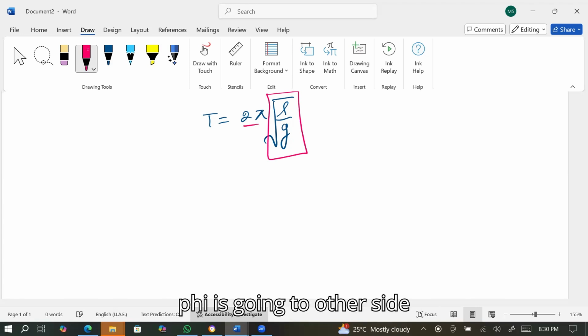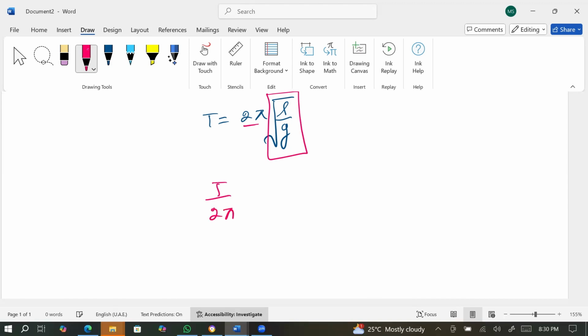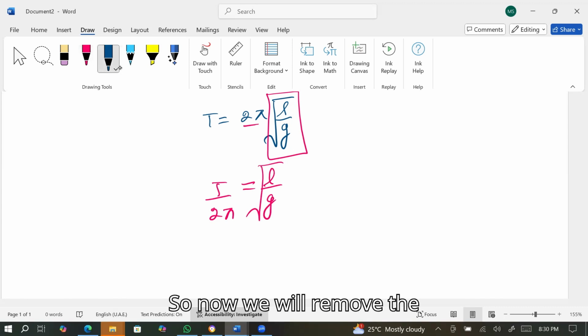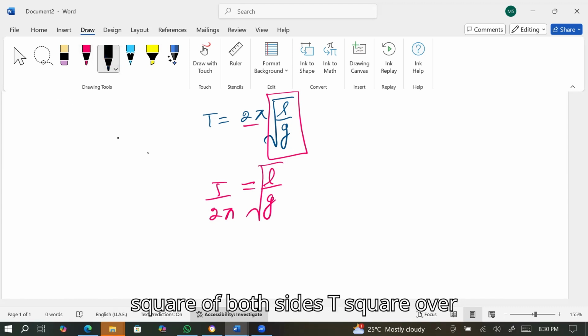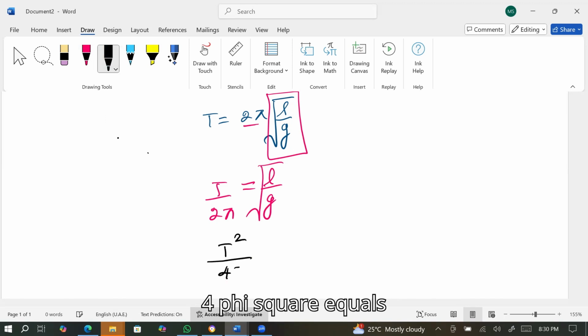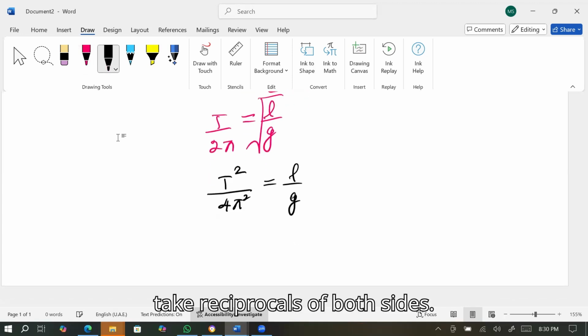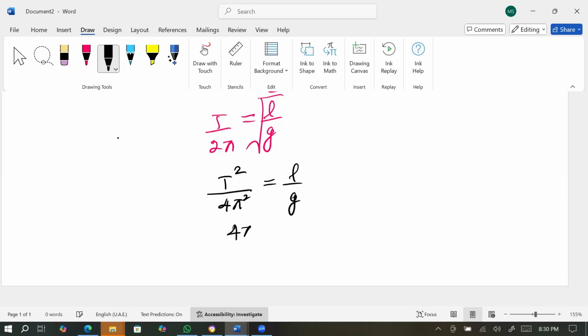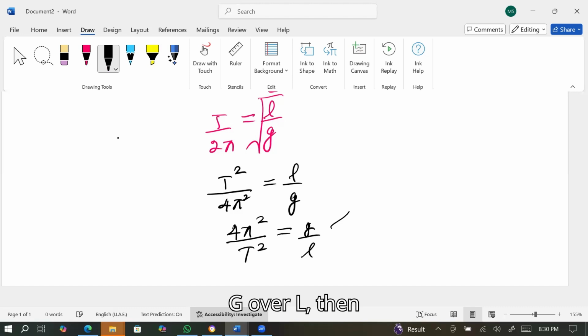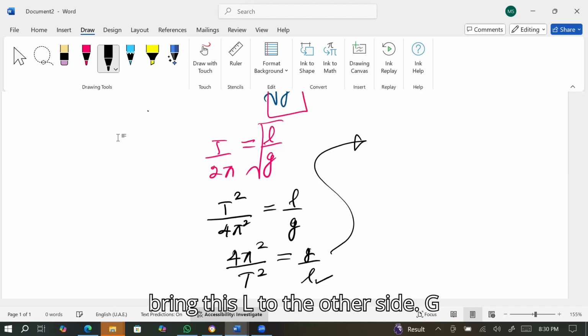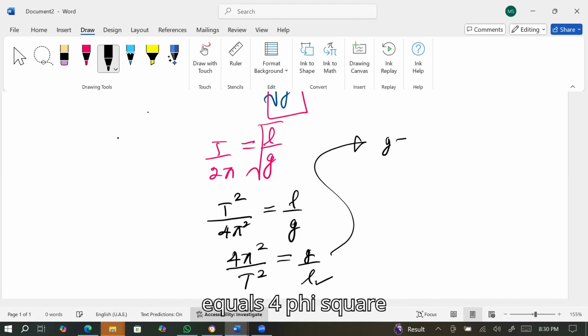Then 2 goes to the other side: T over 2 equals root of L over G. Now we will remove the root part. For that we have to square both sides. T squared over 4 equals L over G. Then take reciprocals of both sides: G over L. Then bring this L to the other side. G equals 4 L over T squared, right?